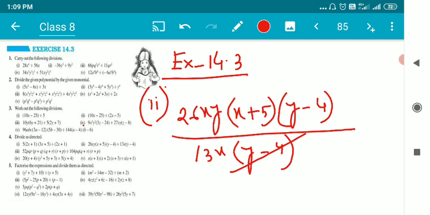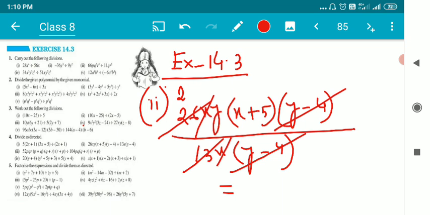This y minus 4 and this y minus 4: y minus 4 is present in both the numerator as well as the denominator. So this y minus 4 can be cancelled directly from up and down. Now the 13x and 26x can be cancelled. 13 can reduce 26, 13 twos are 26.